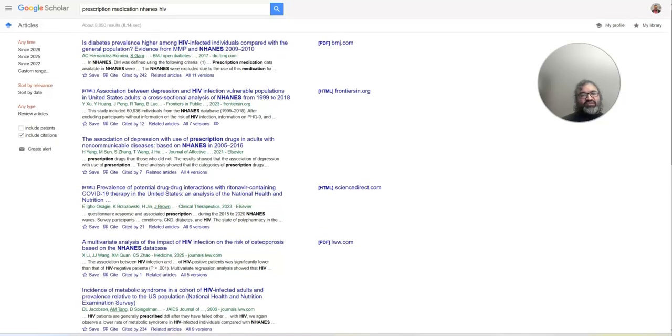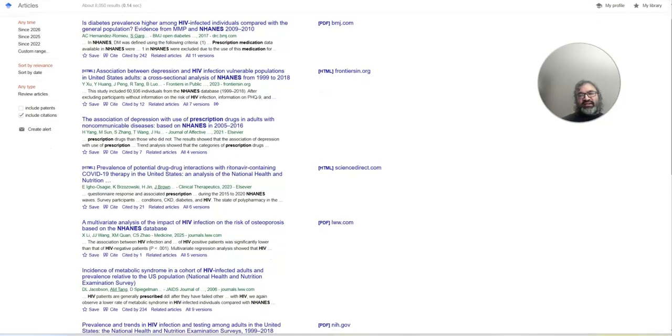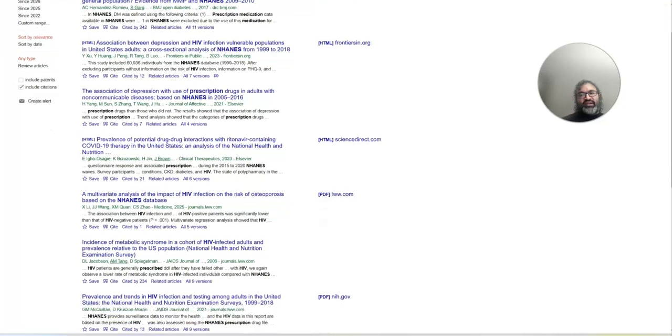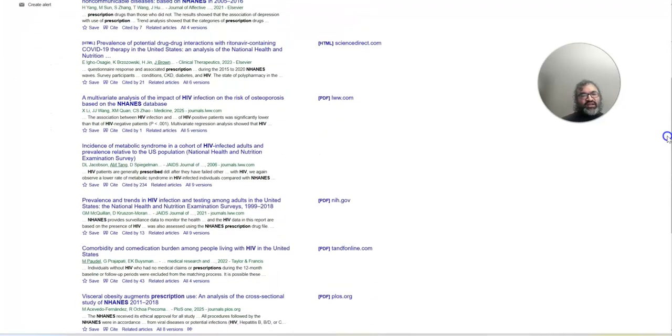What you have to do is carefully comb through all of these papers and take a look at what is compatible with your data set. Prescription medication in some places is used between 2011 to 2018, but you have to take a look and make sure what is available.